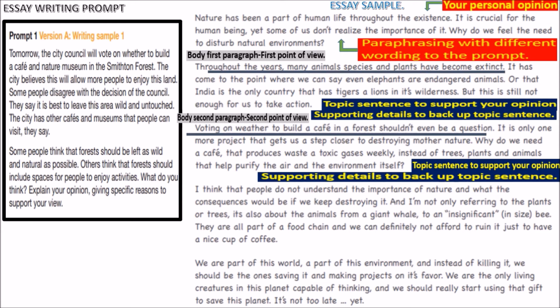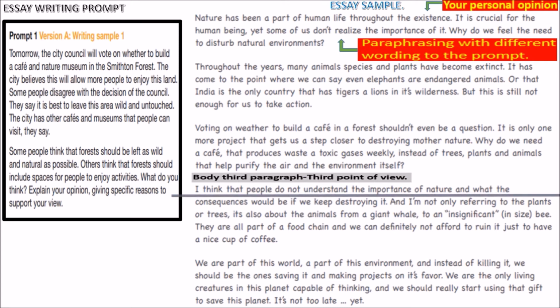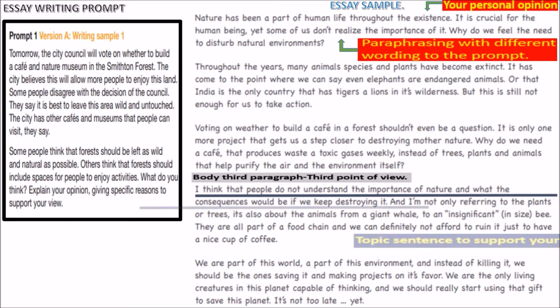Now we're going to proceed with the third paragraph of the body, which is actually the fourth paragraph of the essay. So this is the body, third paragraph, third point of view. I think that people do not understand the importance of nature and what consequences would be if we keep destroying it. So this is the topic sentence to support your opinion.